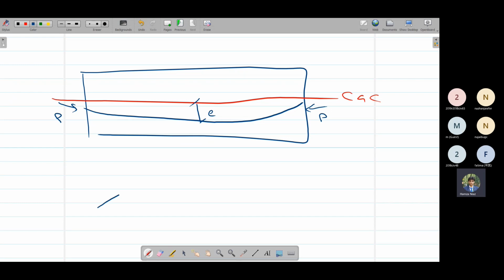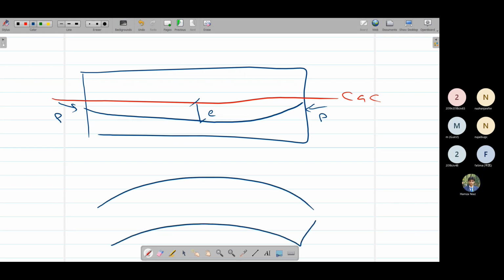So it will produce hogging like this. It produces tension at top and compression at bottom, right? This produces opposite stresses.